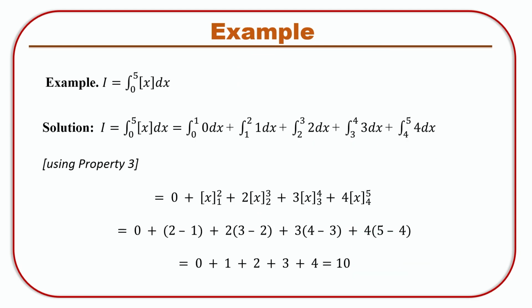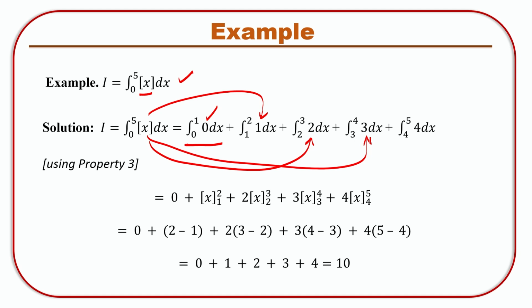Based on these properties, now we have a very simple example. Evaluate the first example, the integral from 0 to 5 of the greatest integer of x dx. As you can see, the greatest integer function is always defined on the integers, with discontinuity at the integers. So from 0 to 1, the value is 0, from 1 to 2 the greatest integer is 1, from 2 to 3 it is 2, from 3 to 4 it is 3, and so on.